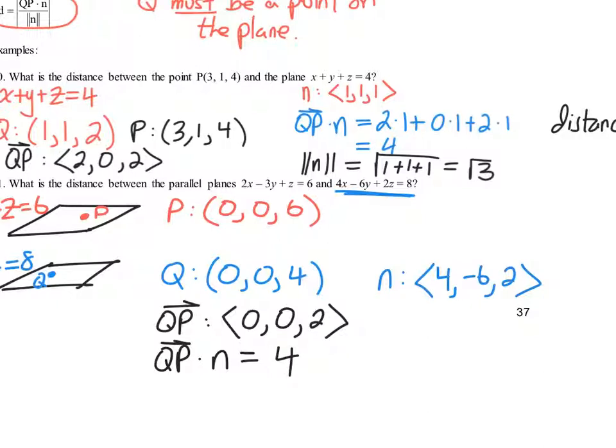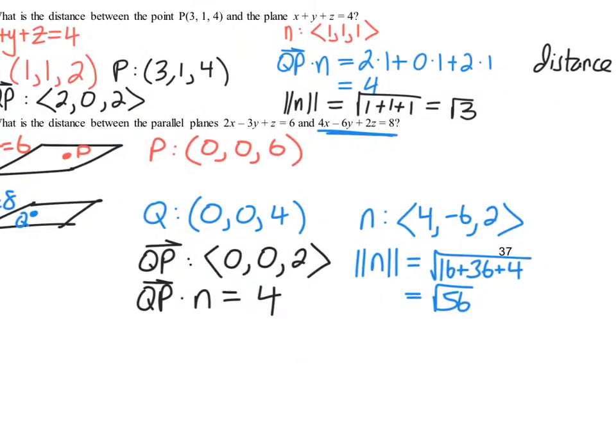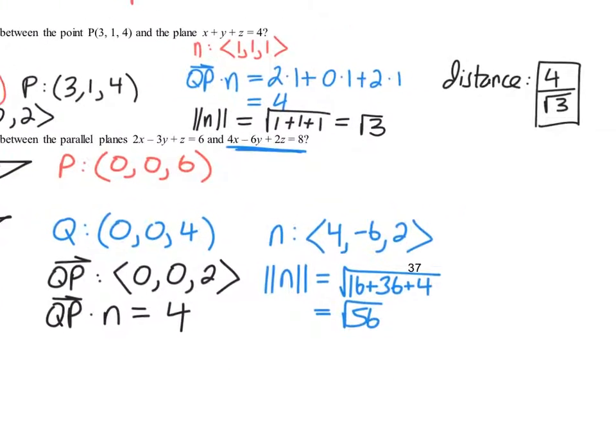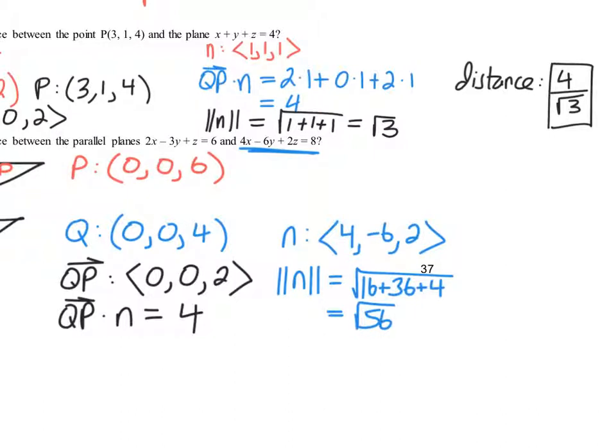I need the magnitude of n. So 16 plus 36 plus 4. That's what, root 56? And then it's just a matter of putting it all together. There's really not much to put together.